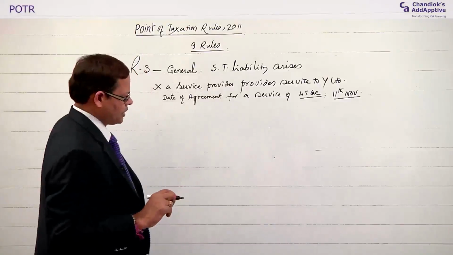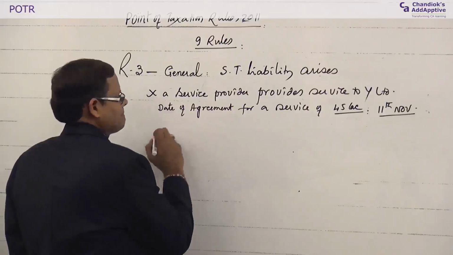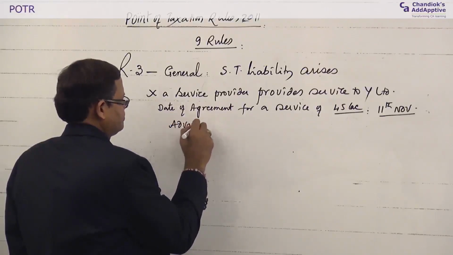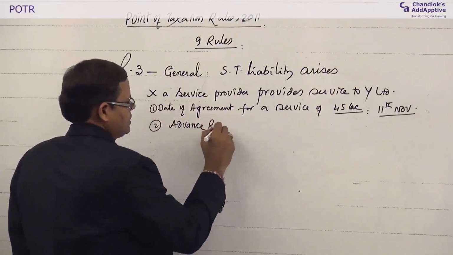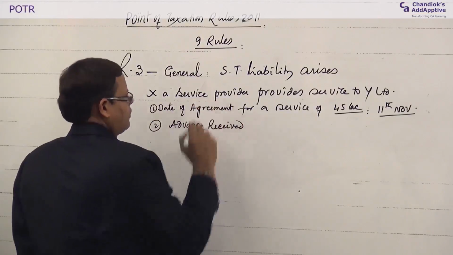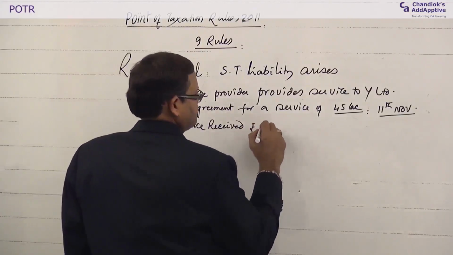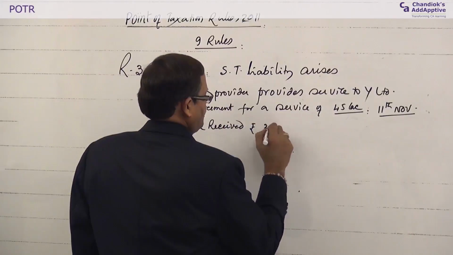So on 11th November there was an agreement, and it so happened that the advance received from the service receiver is rupees 20 lakh.